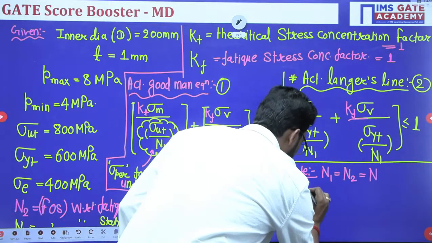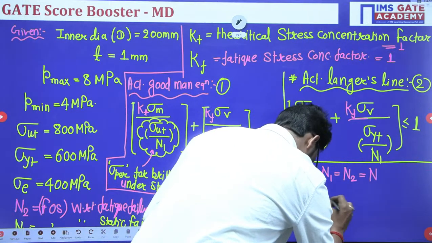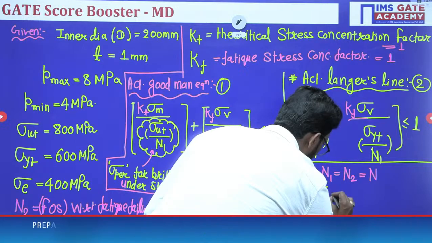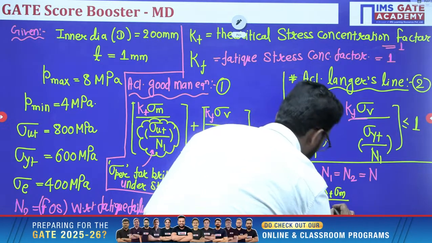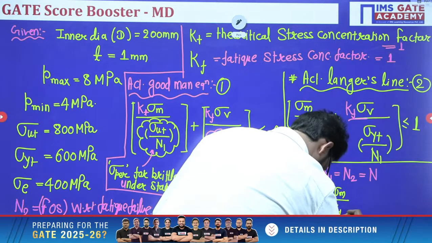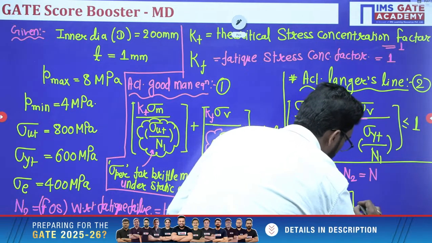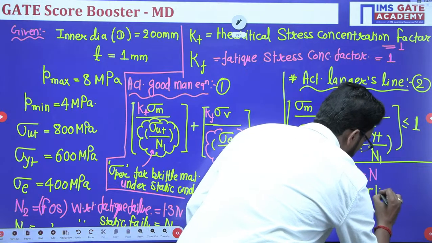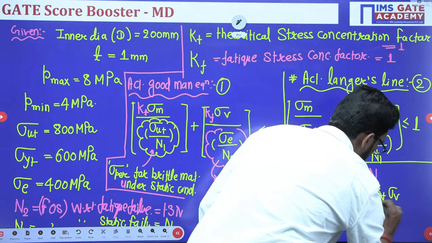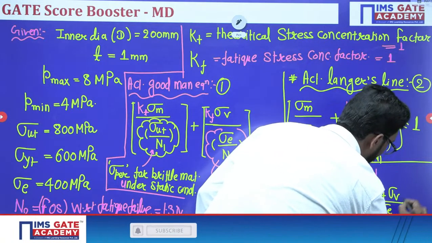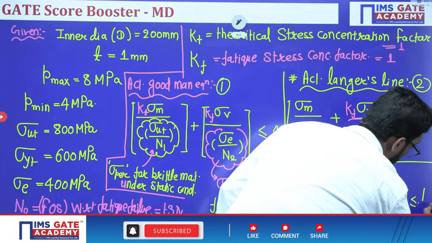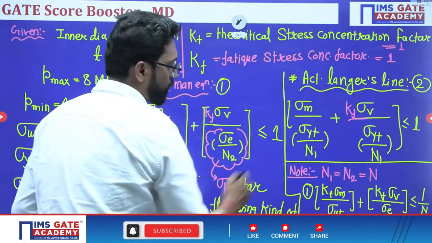So 1 is written as Kt sigma m divided by sigma ut plus Kf sigma v divided by sigma e less than or equal to 1 by n. This is the modified Goodman.